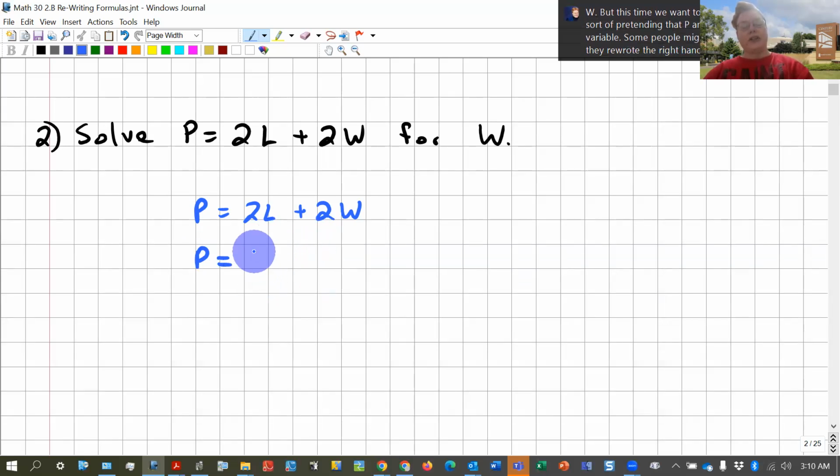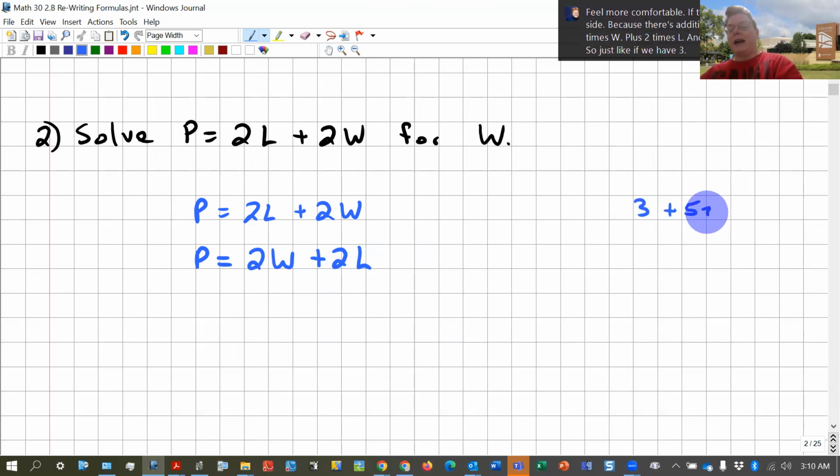Because there's addition, we can rewrite that as 2 times W plus 2 times L. And so the variable term is first. So just like if we have 3 plus 5x, usually we rewrite that as 5x plus 3 with the variable term first. If that makes you feel better, you can go ahead and do that.